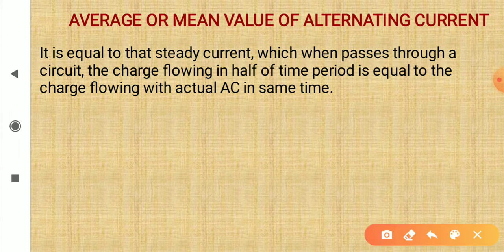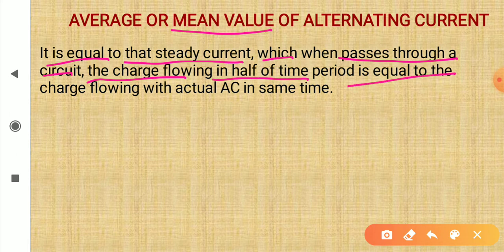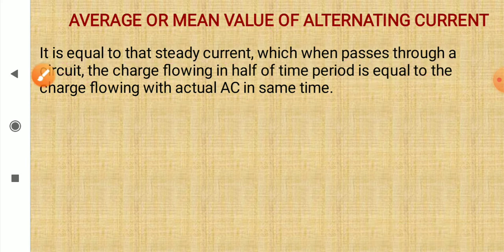So let us look at it. Average or mean value of alternating current. It is equal to that steady current which, when passes through a circuit, the charge flowing in half of time period is equal to the charge flowing with actual AC in the same time, actual alternating current in the same time.